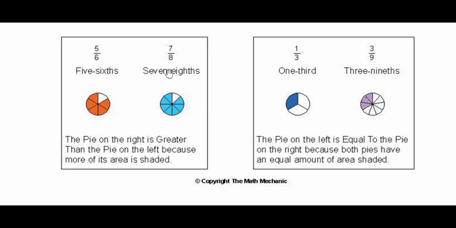The pie that represents 7/8 has more of its area shaded than the pie that represents 5/6. Therefore, the pie on the right is greater than the pie on the left because more of its area is shaded.